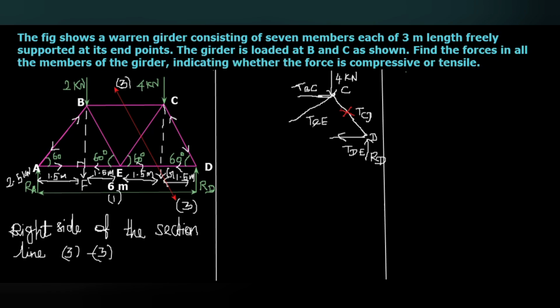Among these two unknowns, to eliminate one of them, it's better to take the moment about the point E. When I take the moment about E, the tension in the member CE will be eliminated. So I'm going to take moment about E.